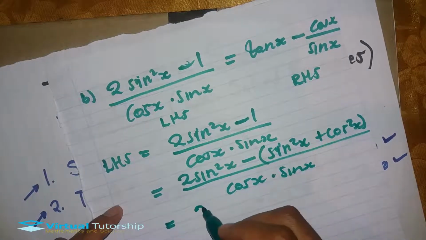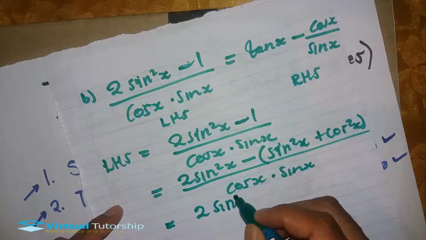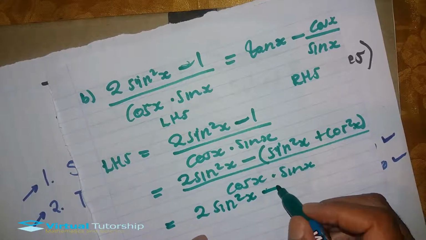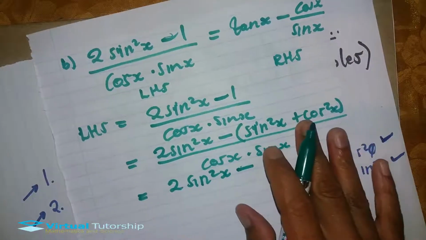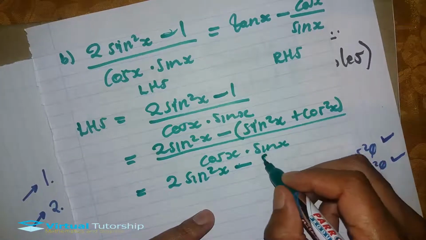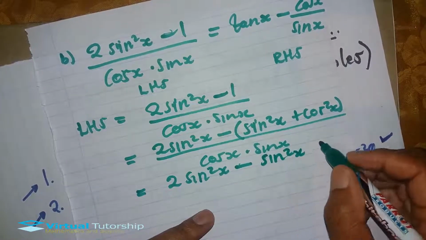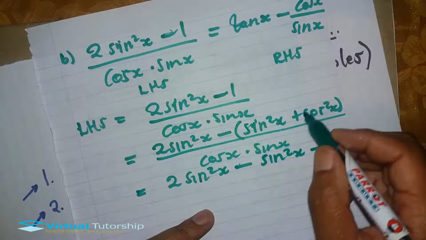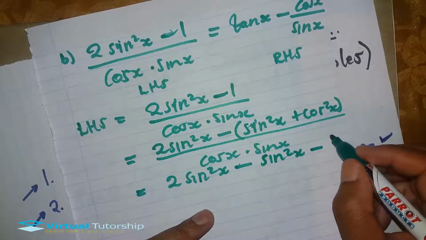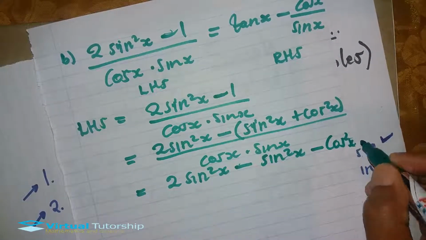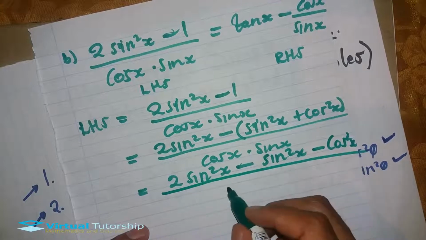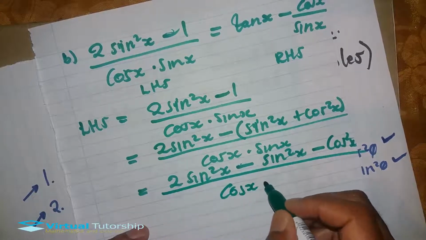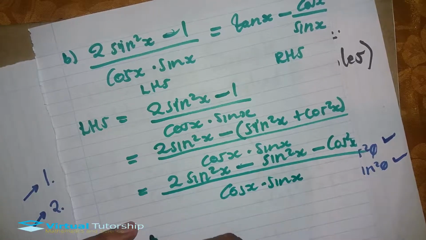Distribute the minus sign into the brackets: negative sine squared x, negative cos squared x, over cos x times sine x.